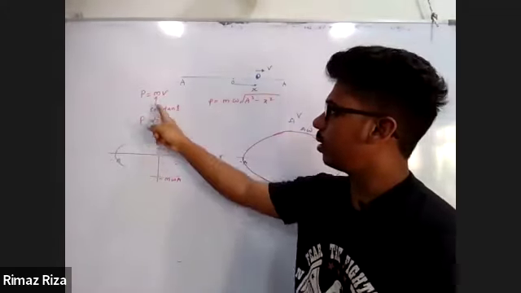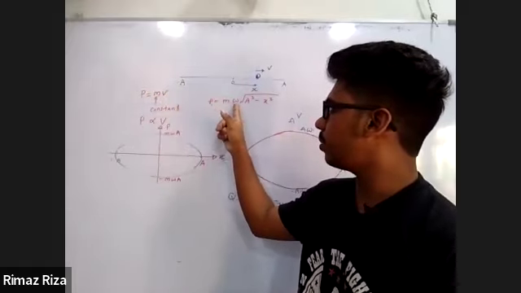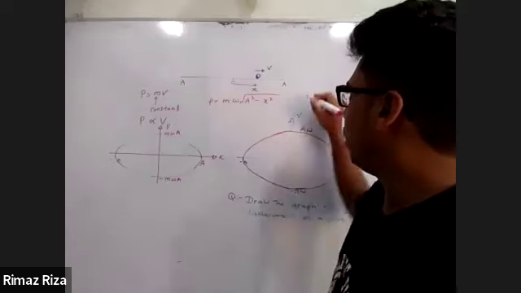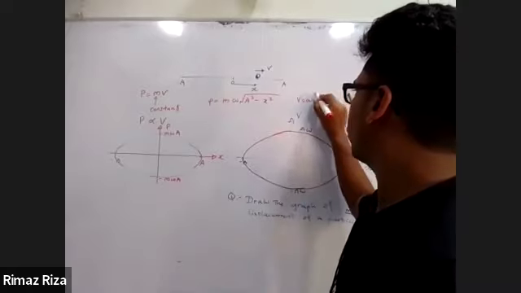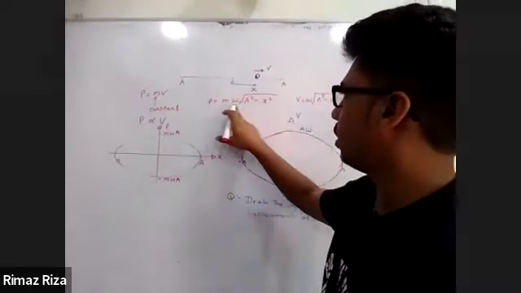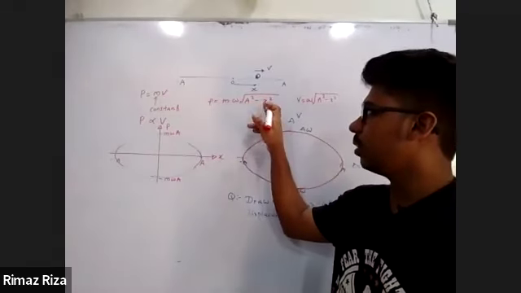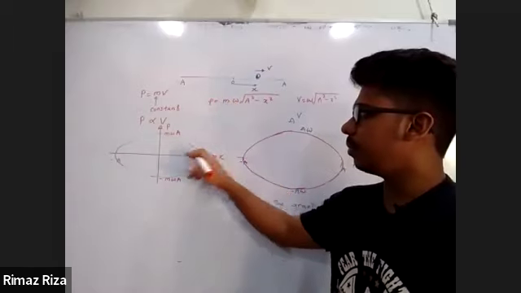So here P equals m times v. For v, you can substitute, because v equals omega times the square root of a squared minus x squared. So you get the momentum as m omega times the square root of a squared minus x squared. If you put x equals 0, you get plus or minus m a omega.